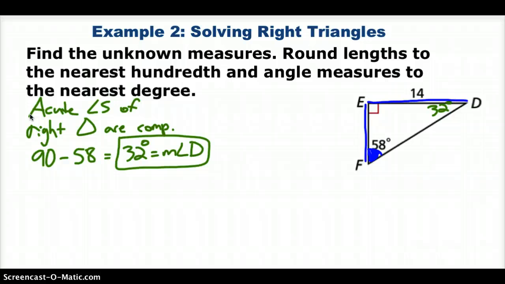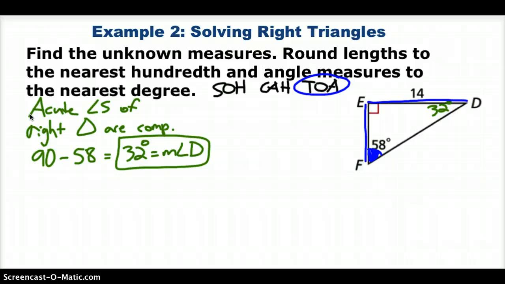So if I look back at my ratios, SOH CAH TOA, what I just highlighted in blue there was an adjacent leg and an opposite leg.